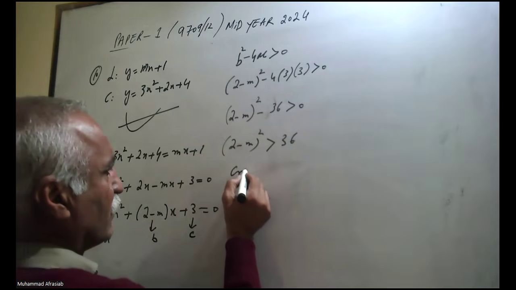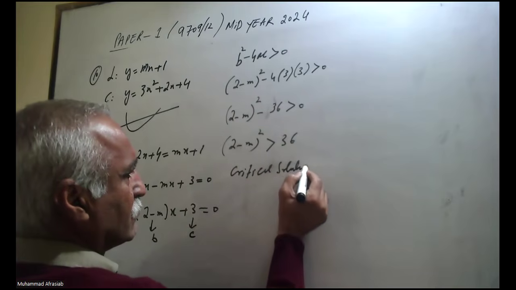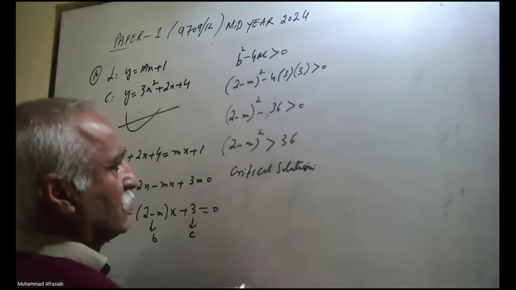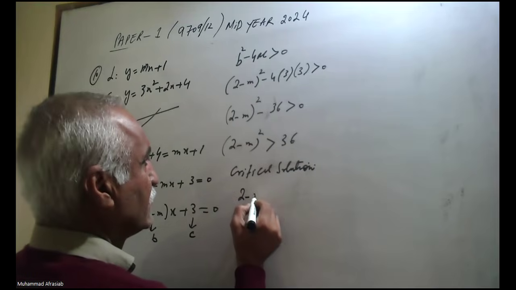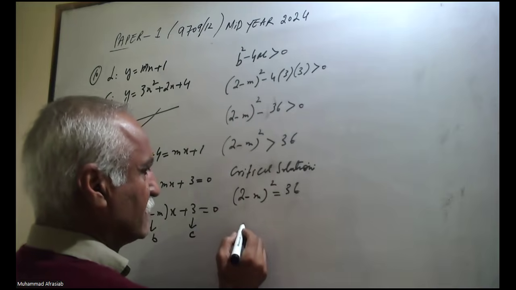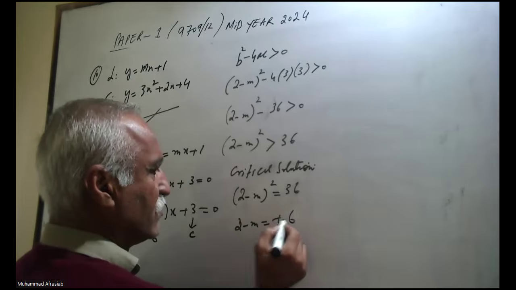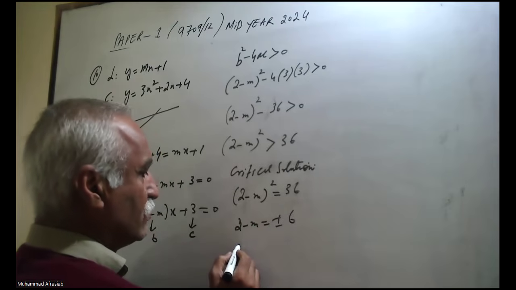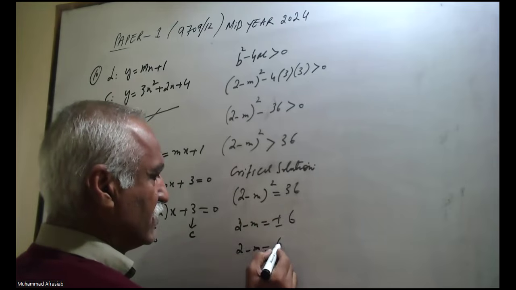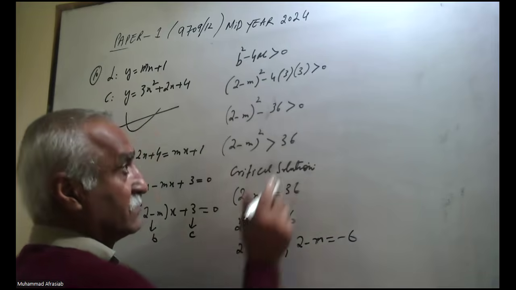Just we are going to find out the critical solution. So 2 minus m whole square is equal to 36, or 2 minus m is equal to plus minus 6. 2 minus m is equal to 6, or 2 minus m is equal to minus 6.